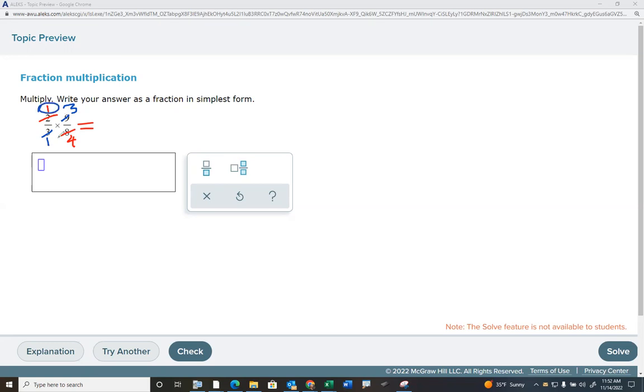So we've got 1 over 1 right now, and in the second fraction, we have 3 over 4. And now that we multiply, we've got 1 times 3 over 1 times 4, which is 3/4. Okay. And again, either way is fine with me. You can simplify at the beginning or at the end. I like doing it at the beginning, but both ways are going to work every time.